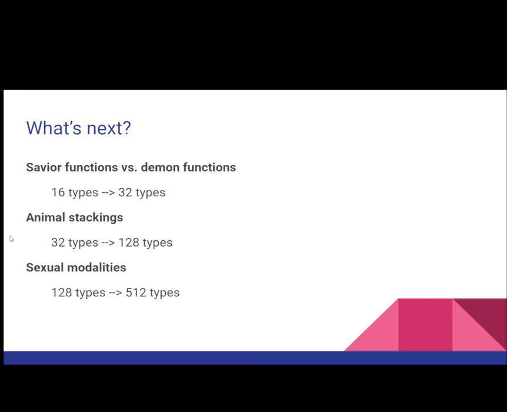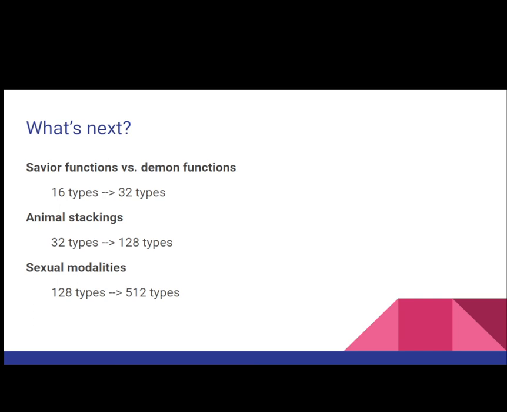And then there's also what's called animal stackings. An animal stacking shows how the functions are communicating with each other, how strongly they're interacting, and how strongly activated those functions are.